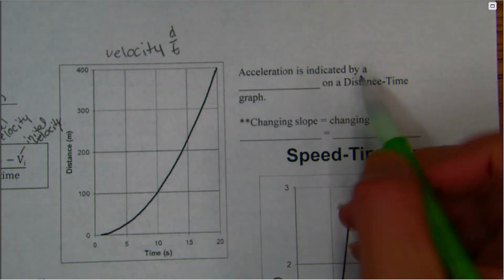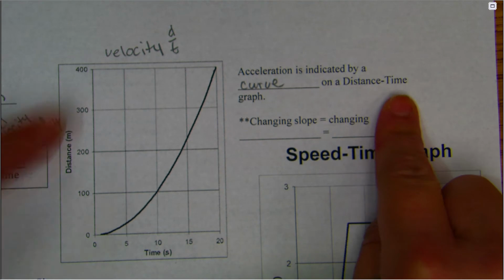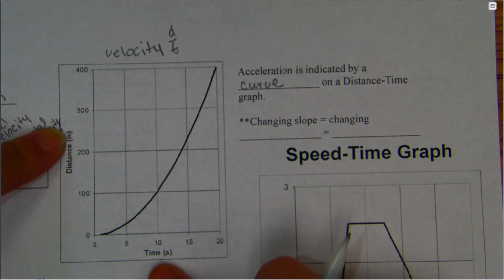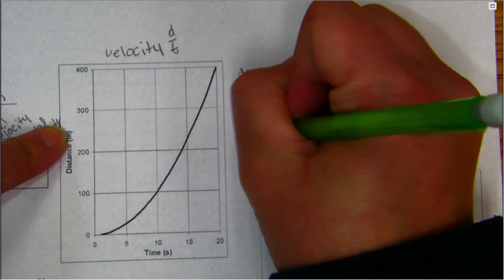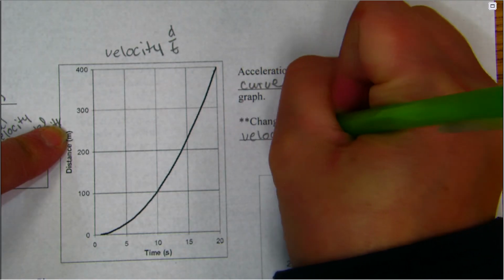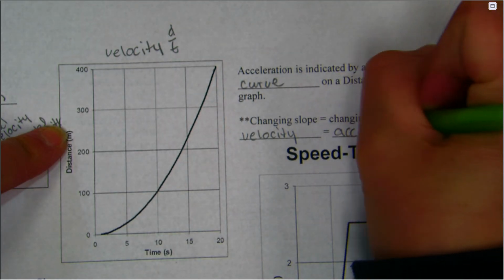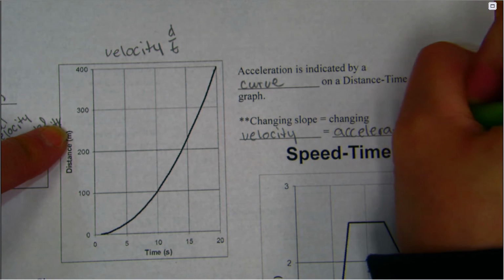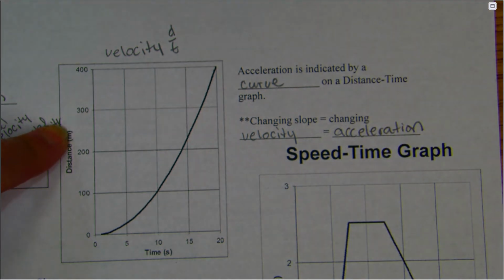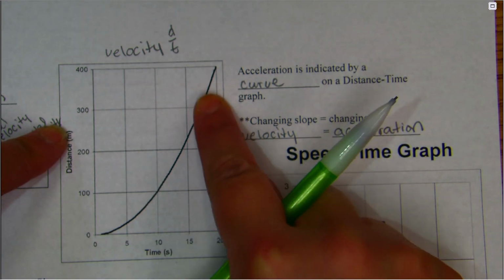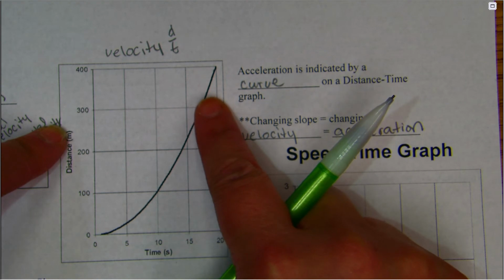So acceleration is indicated by a curve on a distance versus time graph. A changing slope means we have a changing velocity, and therefore we have acceleration. Now, acceleration in this case is positive, so this object is speeding up.